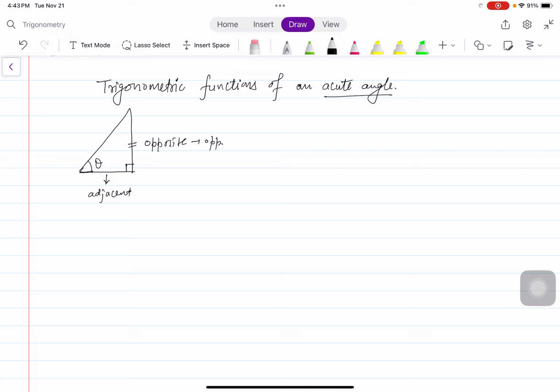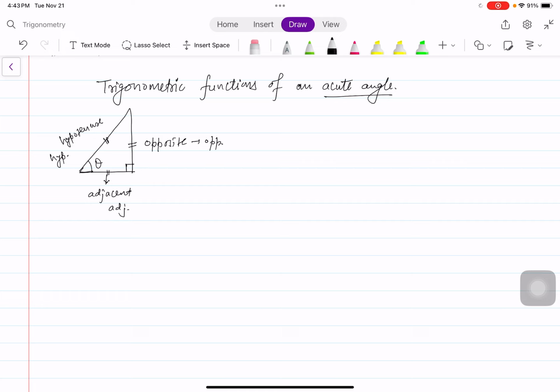The side opposite to the 90 degree angle is the hypotenuse. So shorthand notation HYP and adjacent ADJ.